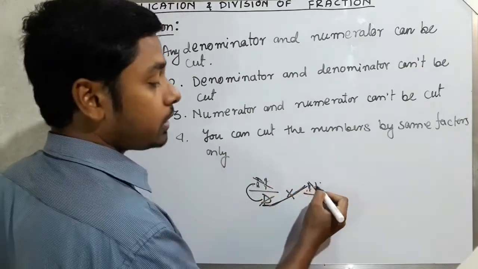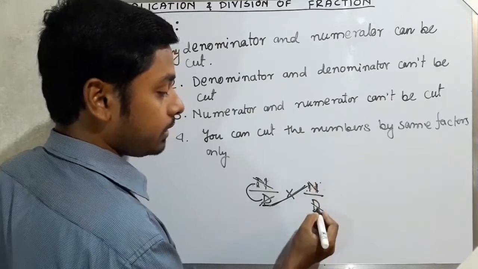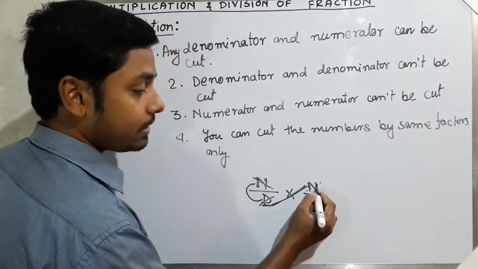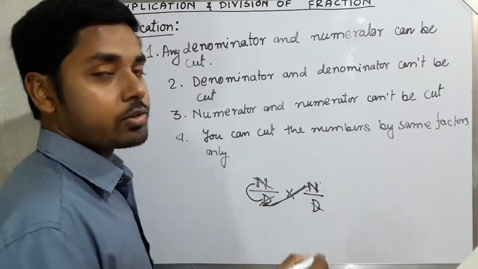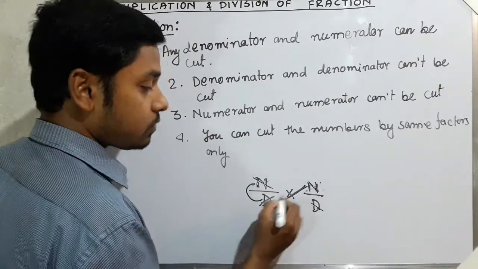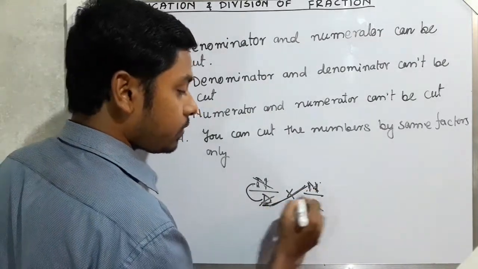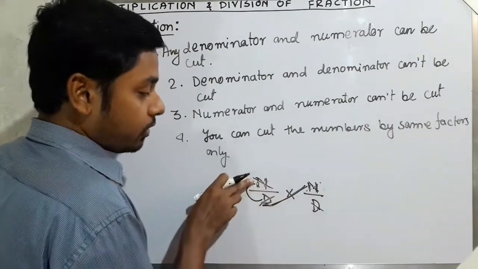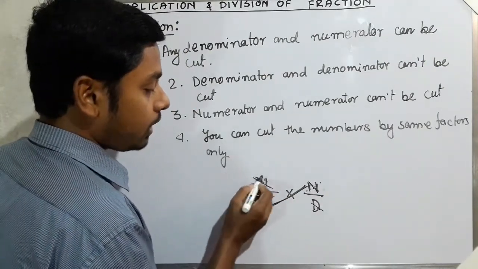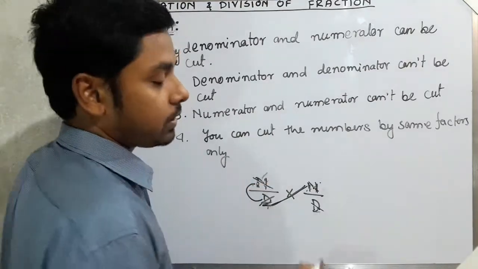If you want to cut with a numerator, this numerator can be cut with this denominator, or this one with this one. The same way for this one also, either this one or this one.